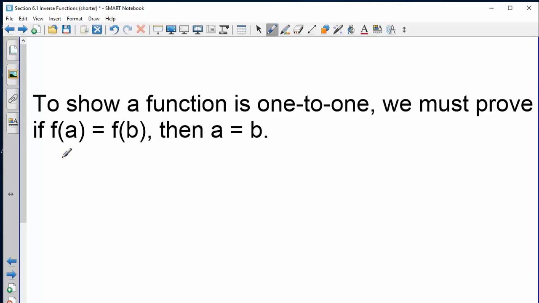The only way we can get the same y value, if it's one-to-one, is if we have the same x to begin with. So we do f of a equals f of b and solve. If you get a equals b, that means it is one-to-one. The only way the y's were equal is if the x's were equal. If we get anything else, then we'll say it's not one-to-one.